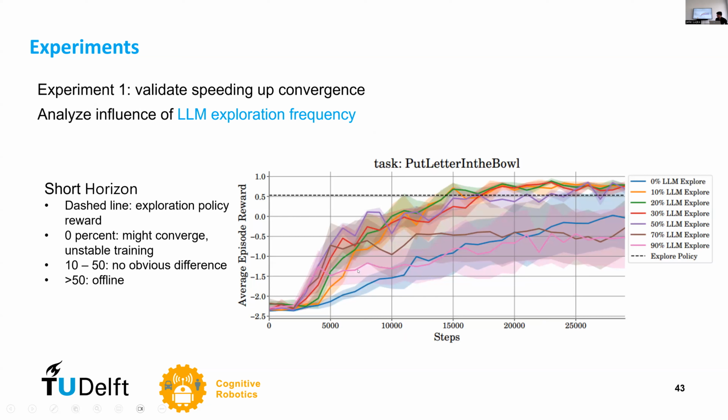And after the exploration rate is larger than 50%, it is more like offline reinforcement learning, and the current policy does not get much updated, as you can see in this figure, the brown line and the pink line.